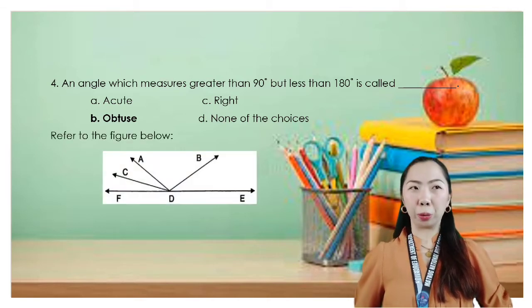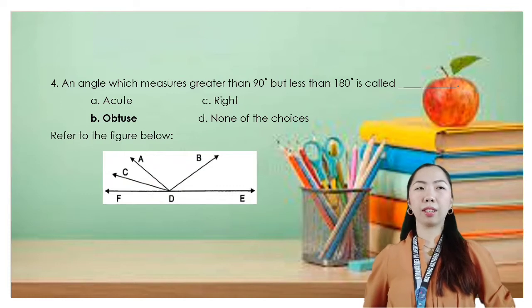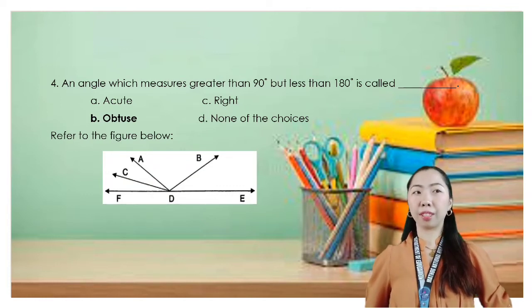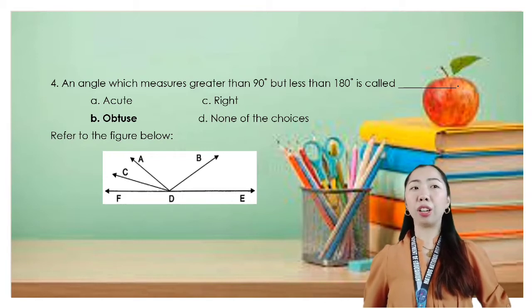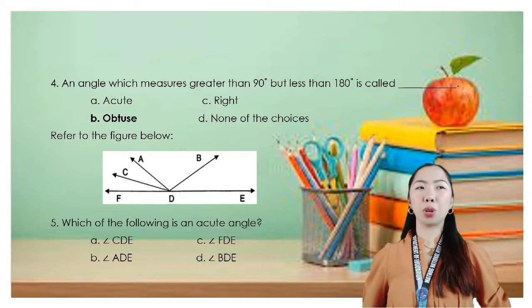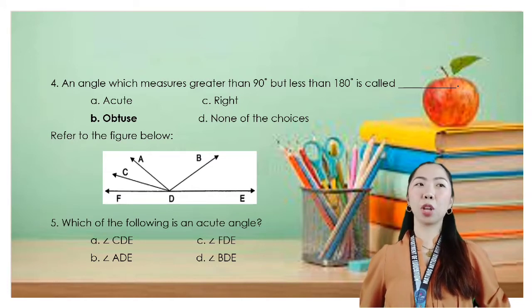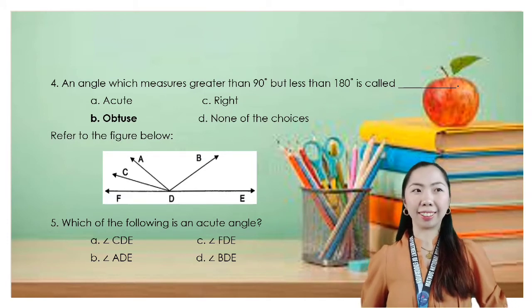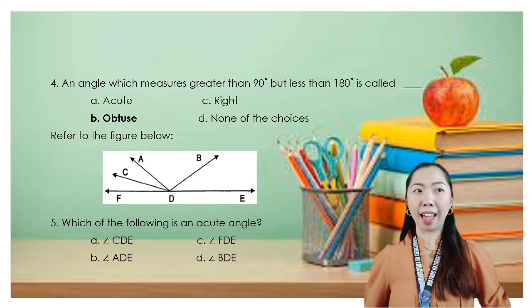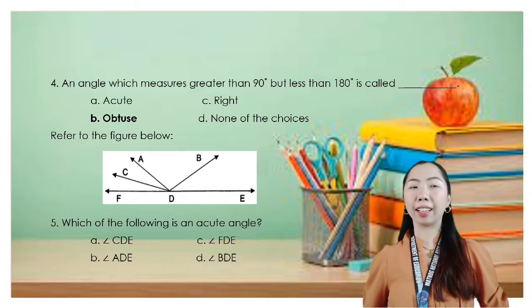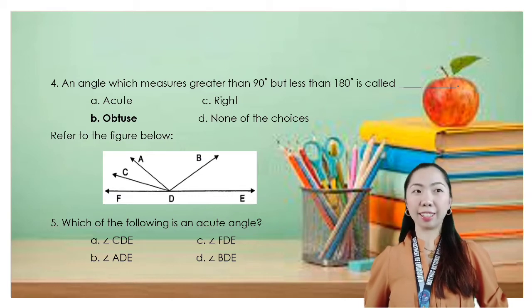How about this next item? Refer to the figure below. What can you see? Right, there are different arrows pointing in different directions. So the question is, which of the following is an acute angle? Is it A. Angle CDE? Or B. Angle ADE?